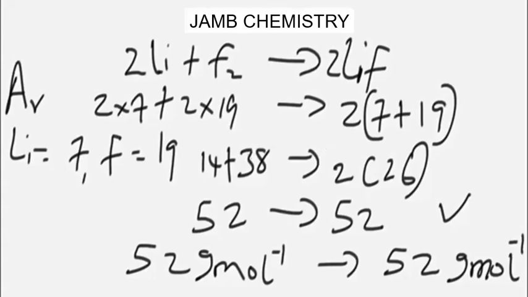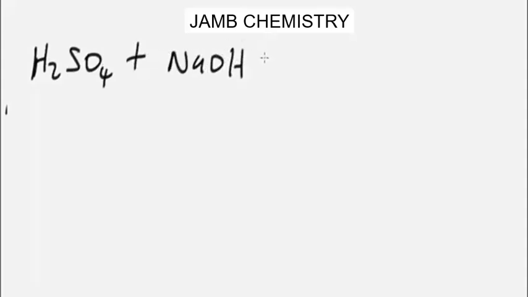Let's write this. This time around, let's say you are given this balanced chemical equation. We have tetraoxosulfuric acid reacting with sodium hydroxide to give sodium sulfate plus water.